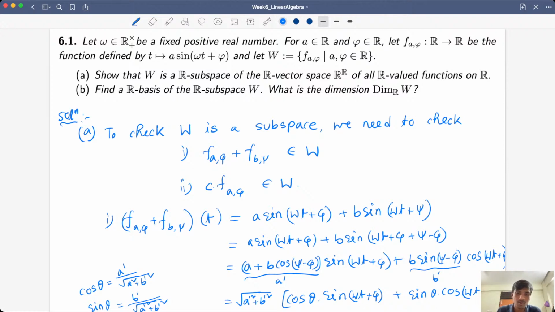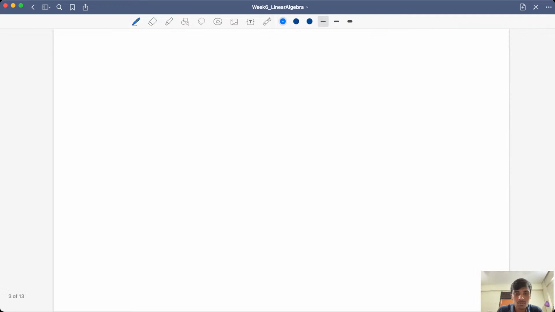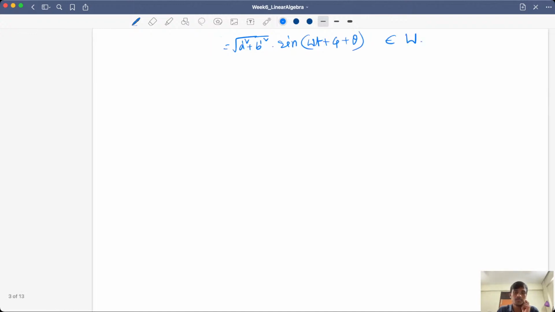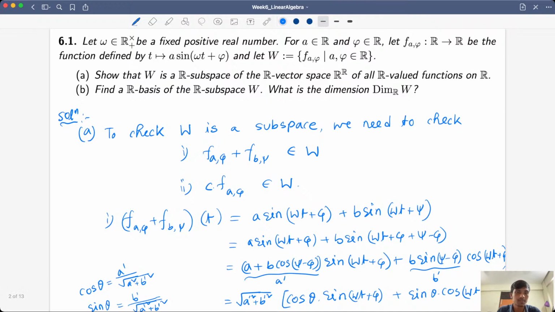This is just the sum formula. So that is equal to root over a prime square plus b prime square times sine of omega t plus phi plus theta, where theta is defined before. This root over a prime square plus b prime square is a real number, and this total function belongs to W. So this is closed under addition.